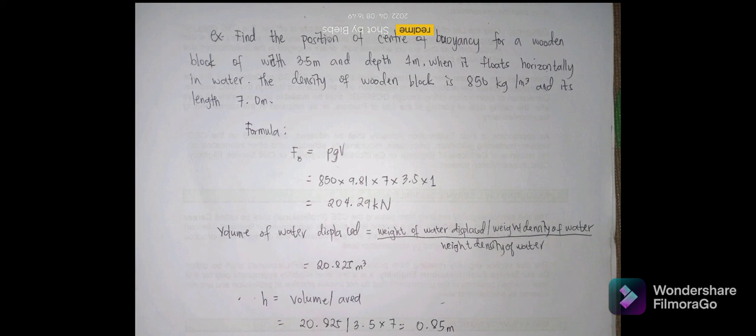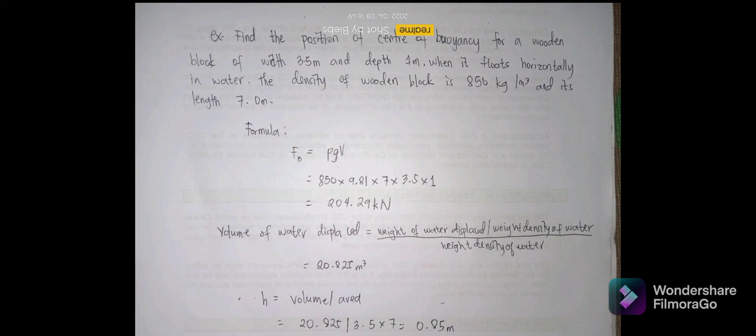Secondly, you must use this formula for the volume of water displaced. That is equal to the weight of water displaced divided by the weight density of water. If you use this, you will have the result 20.825 cubic meters.